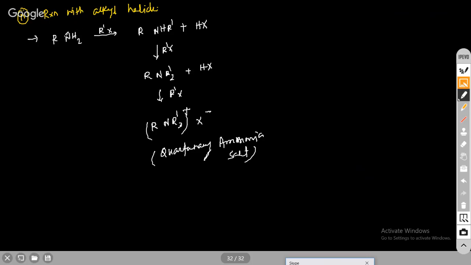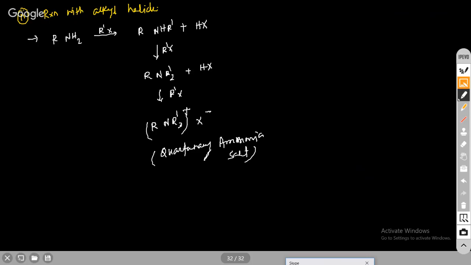Whenever amines react with alkyl halide, primary converts into secondary, then tertiary, and then quaternary ammonium salt. This is again a preparation method of secondary and tertiary amines, but it is not useful because we are getting a mixture of amines.